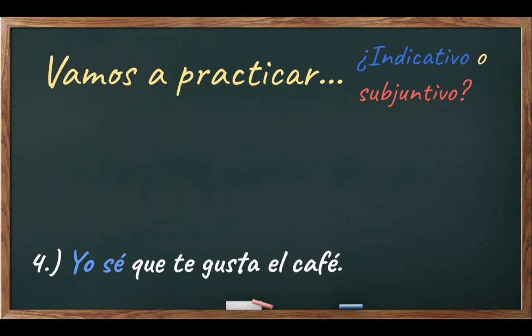You know something about someone, and you're stating it. Yo sé que te gusta el café. You could change it to subjunctive maybe by saying, yo espero que te guste el café, right? I hope that you like coffee. That would be subjunctive, but in this case, they're just stating a fact. I know that you like coffee.